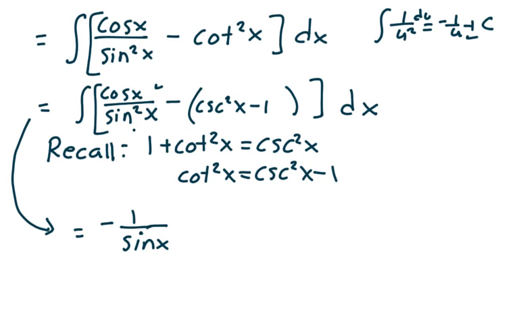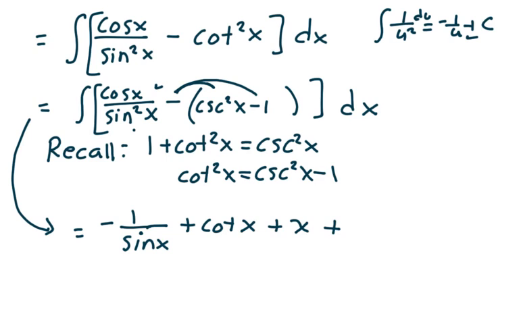Okay? And then the integral of negative cosecant squared x is positive cotangent x. And then I'm going to add x, right? Because a negative times a negative is a positive. And the integral of 1 dx is just x.